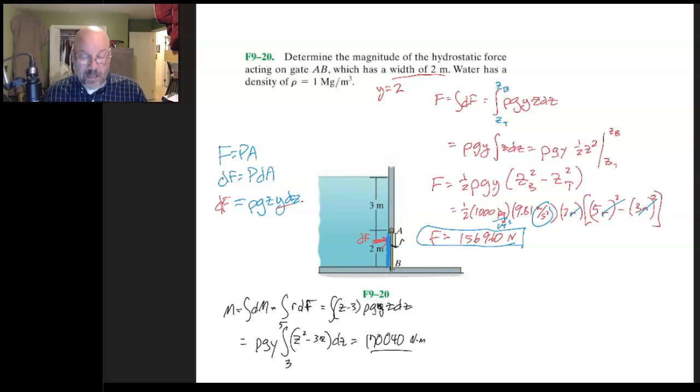And we might want to say also, so where's the location of that force? Something we've talked about before. So if we're going to say, all that force here is concentrated at what depth? Let's call it Z0.